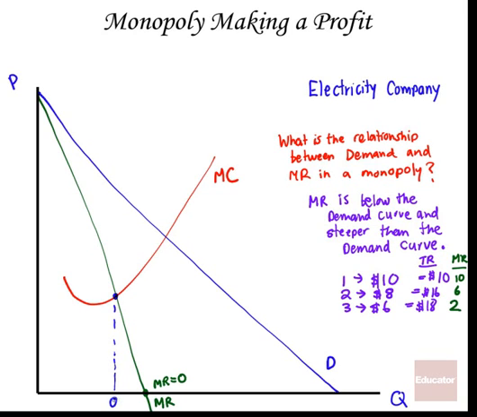So label this as Q star here. Now, a common mistake that some students make is putting the profit maximizing price right here, but the problem is the monopolist would be being way too nice, charging where the marginal cost and the marginal revenue intersect.